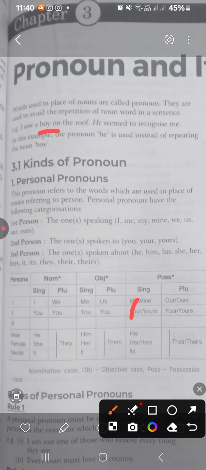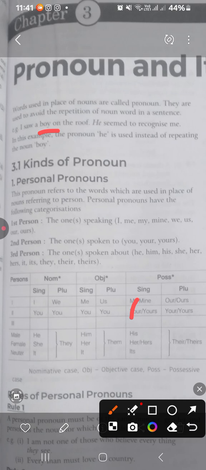A second person, if I'm talking to anyone, that is you, your, and yours. These are called second person. And third person, for any other people, I'm talking about somebody, the one who is spoken about: he, him, his, she, her, hers, it, its, they, them, their, theirs. These are the third persons. So person, number, subjective case, objective case, and possessive case.